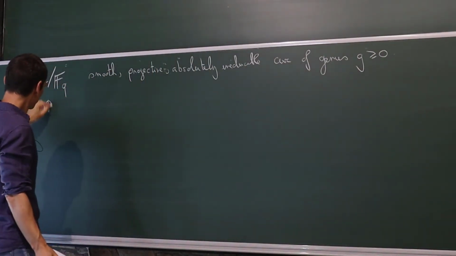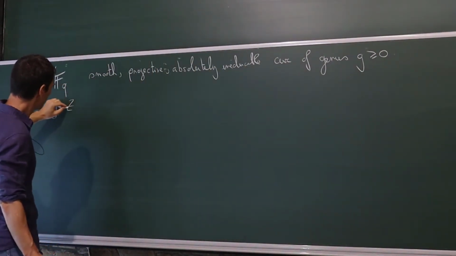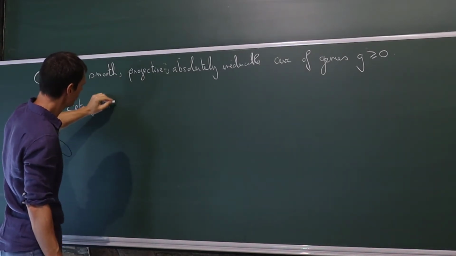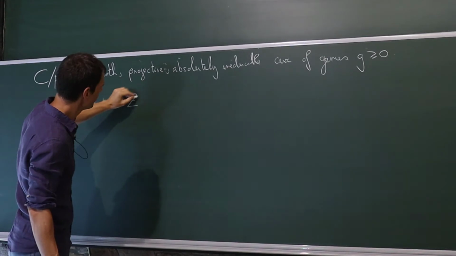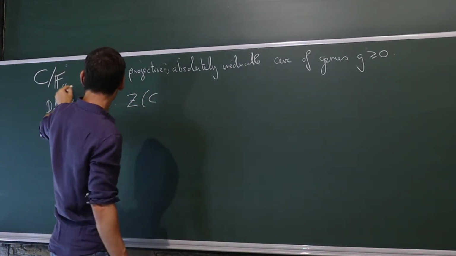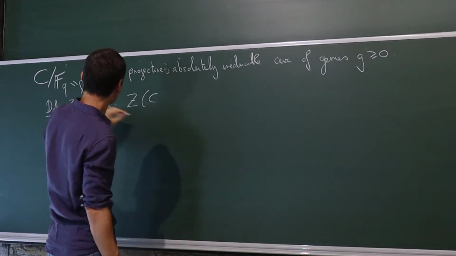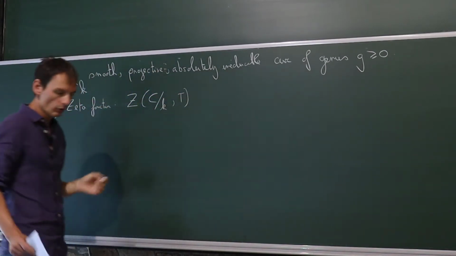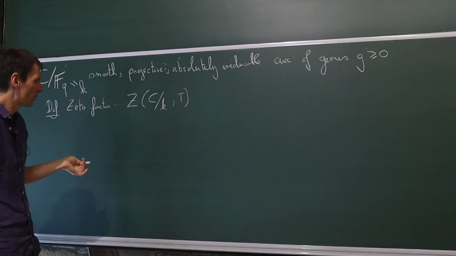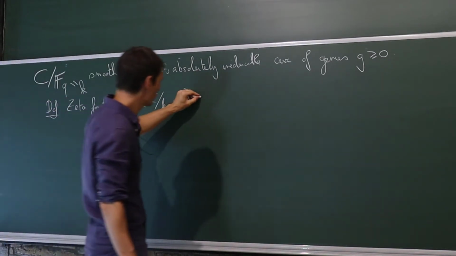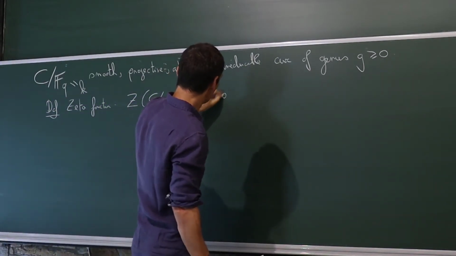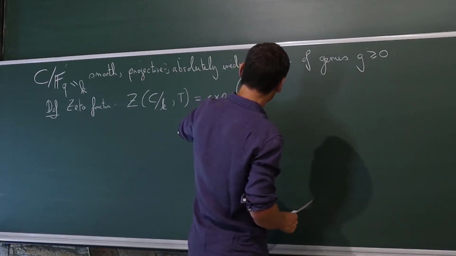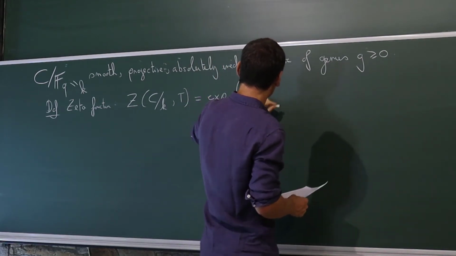And the definition of what is called the zeta function of the curve, that we will denote Z, C over F_q, this field I also denote K from time to time. It's a power series, and it will be a bit strange maybe at first sight, because it's an exponential of a sum from n equals 1 to infinity.